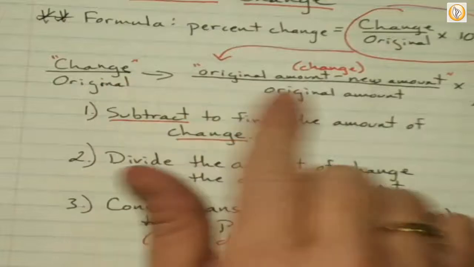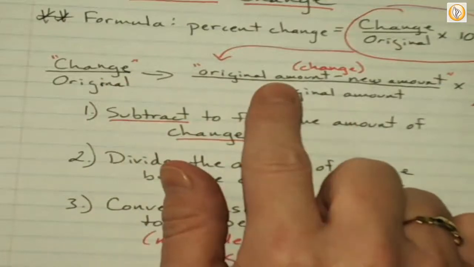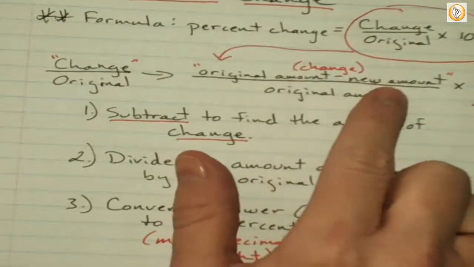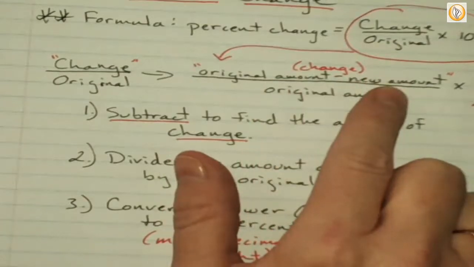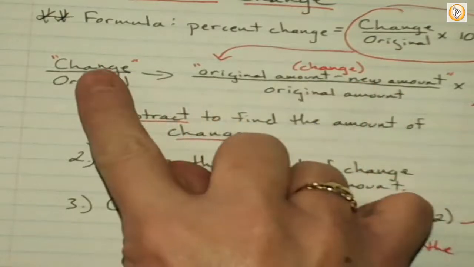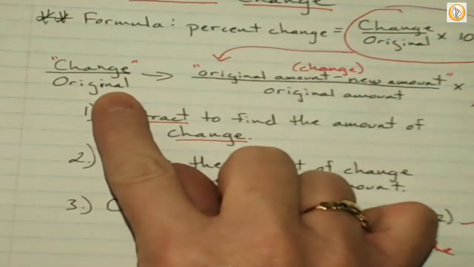That's what we're doing here. And then again, the original amount was 10. So original amount, $10, minus the new amount, which is 20. And we don't deal with negatives here. You don't even have to worry about negatives. Okay, so 20 minus 10 basically is 10. So 10 divided by 10. What's 10 divided by 10? 1. Now take that, turn it to a percent.